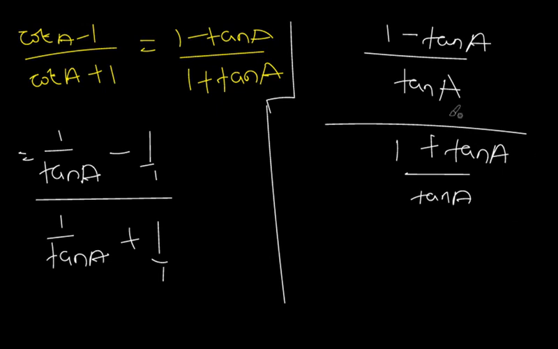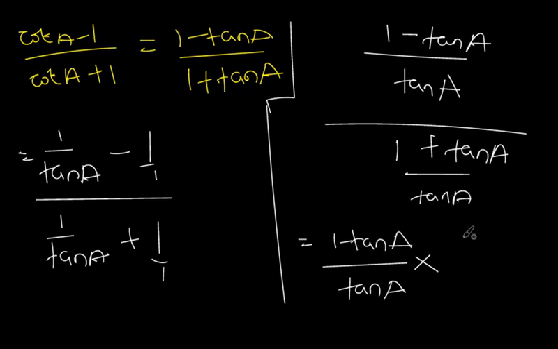Okay, so from here onwards we can rewrite everything. So we have 1 minus tan A divided by tan A as the top one. Then if we want to bring the denominator to the top, because it's division sign, we need to reciprocate what we have over here so that we can bring multiplication sign over here. Okay, so because we are bringing multiplication sign over here, we need to interchange this.